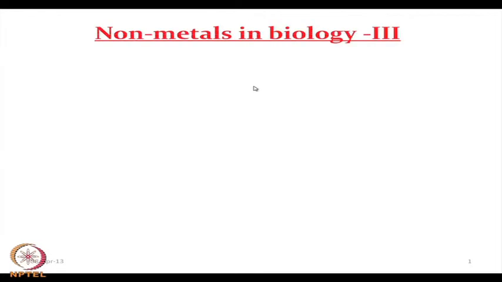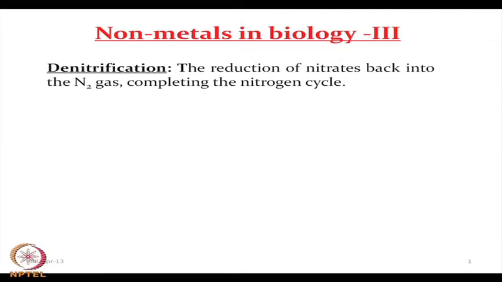So, how this denitrification reaction can take place in the third phase of this non-metals in biology class, we will see that the typical denitrification reaction is nothing but the reduction reaction which is operating on nitrates back into the nitrogen gas, completing the nitrogen cycle.